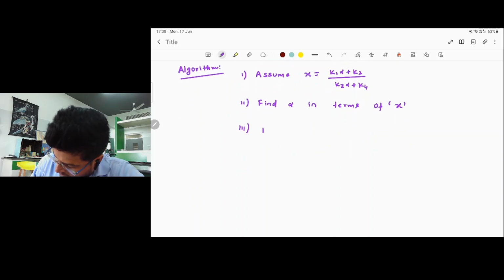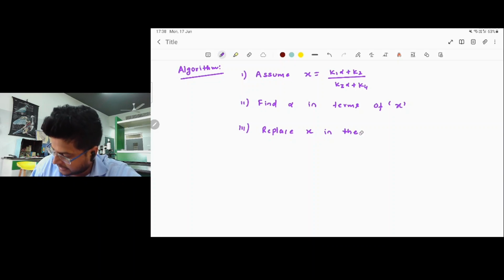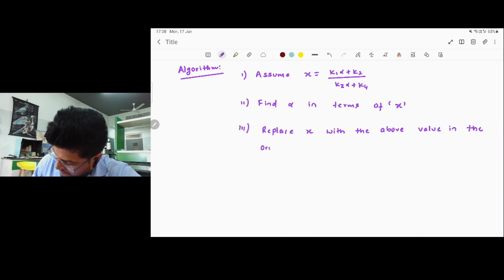Third, replace x with our value in the original equation.